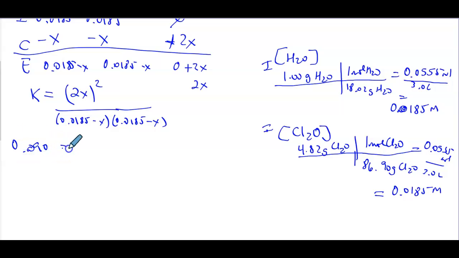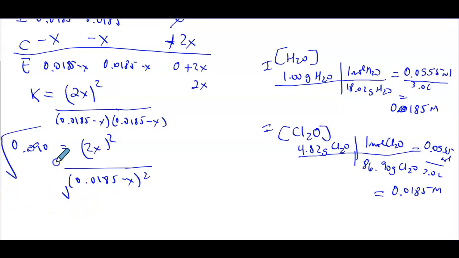So this is 0.090 equals 2x squared over 0.0185 minus x squared, because the same thing times the same thing is squared, so we can take the square root of both sides. The square root of 0.09 is 0.30, equals 2x over 0.0185 minus x.